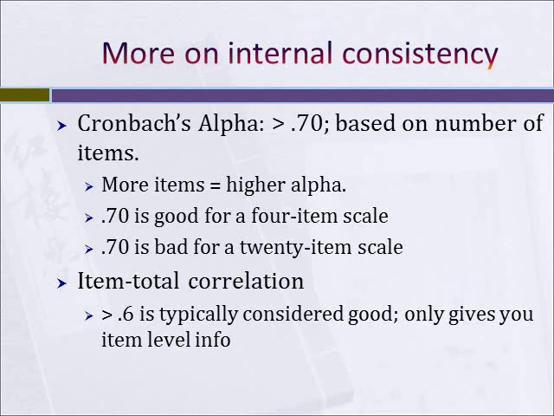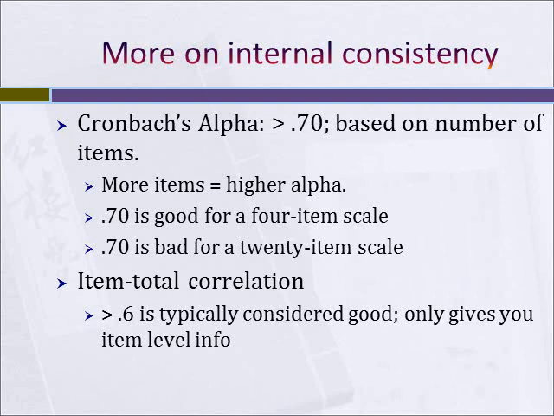Item total correlation, typically anything greater than 0.6 is considered to be relatively good. So if an item has a correlation of 0.60 with the total score for that scale, that's considered to be pretty good, and that's an item that will probably be retained within that scale.